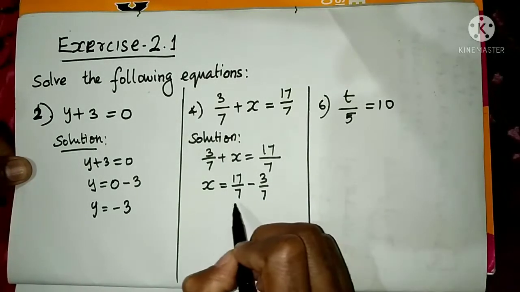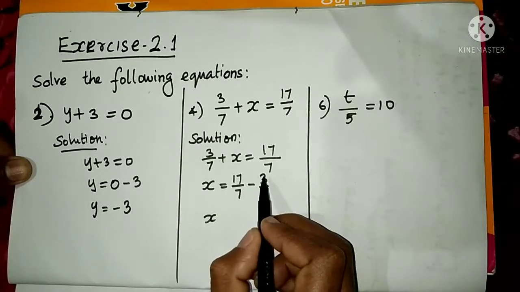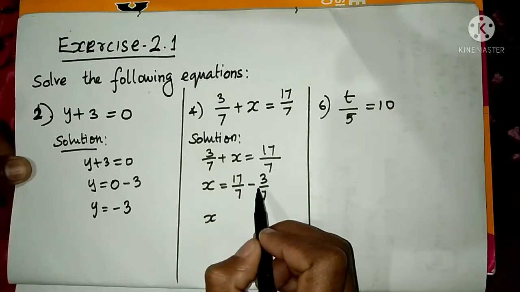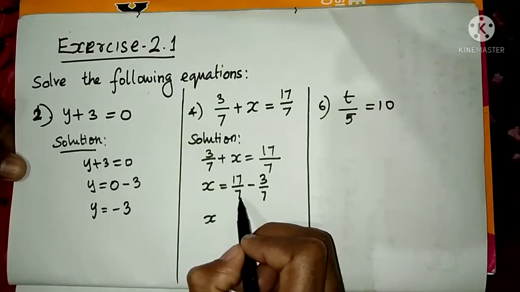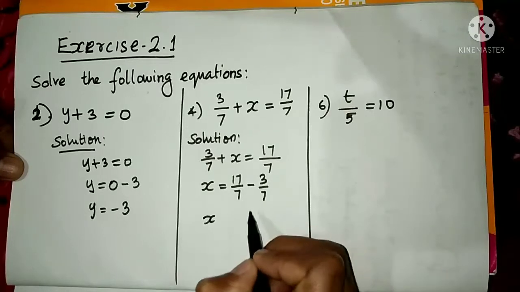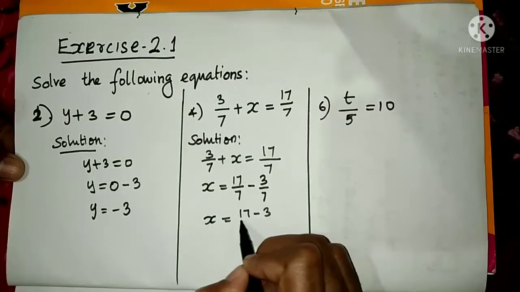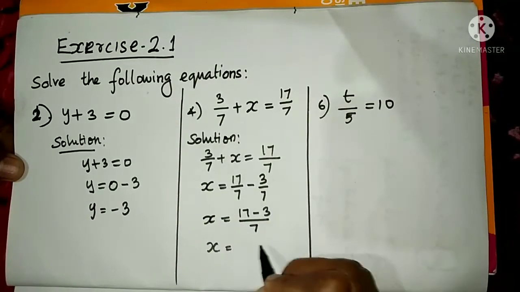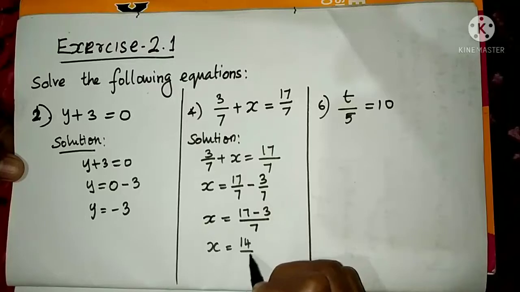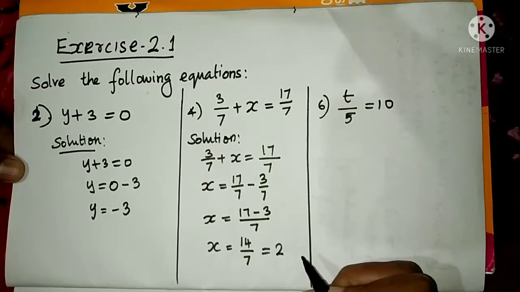Now we have the same denominator, so it is easy to subtract. No need to do cross multiplication. The reason is we have the same denominator, so we just write 17 minus 3/7. So x is equal to 14/7, which is nothing but 2.